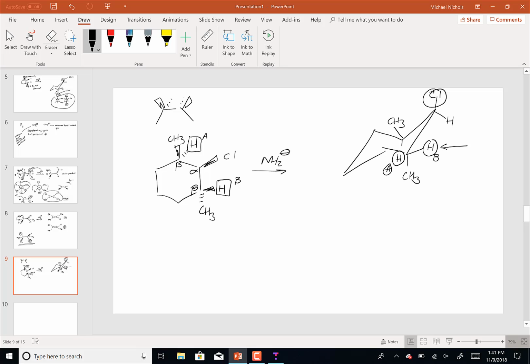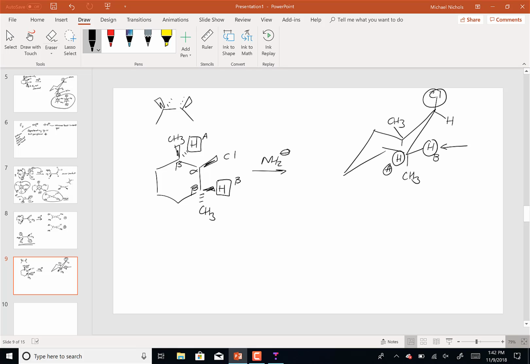Okay. Therefore, they're on the opposite ends. Opposite sides. You're getting there. They're anti-periplanar. HA and Cl are anti-periplanar.